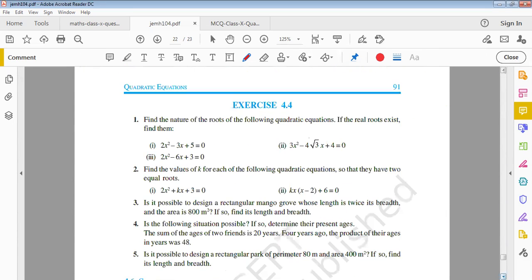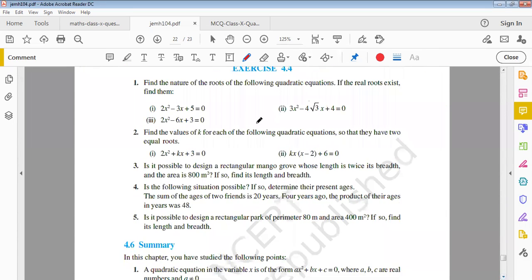Next one. Find the nature of the roots of the following quadratic equation. If the real roots exist, find them. Can you do one question? This question, 2x square minus 3x plus 5, to find the nature of the roots.